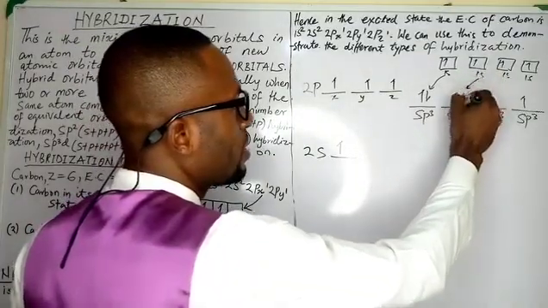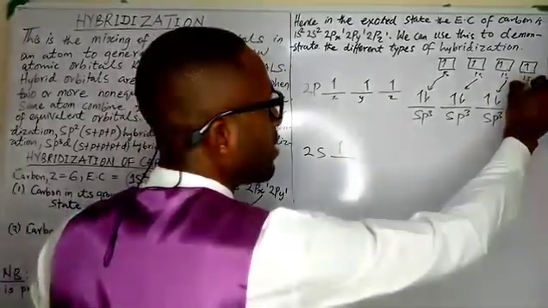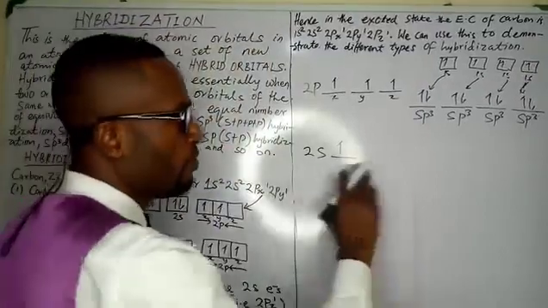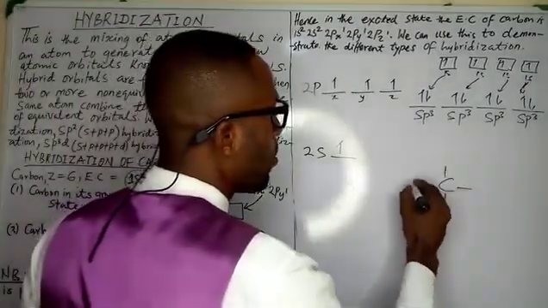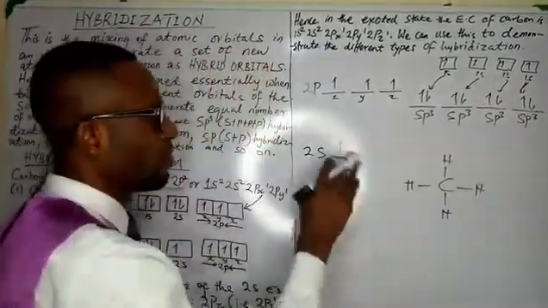This again can combine with this, and this again can combine with this. At the end of the day, you see that it's going to give you a molecule like methane with equal bond lengths. No one is non-equivalent again.